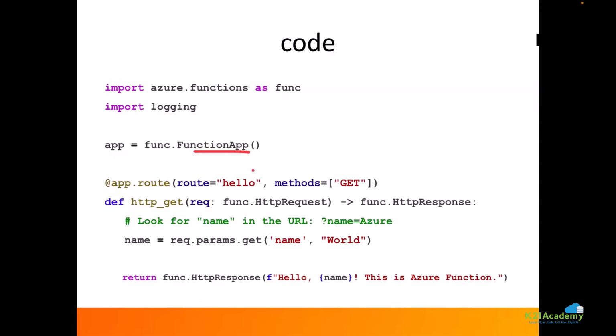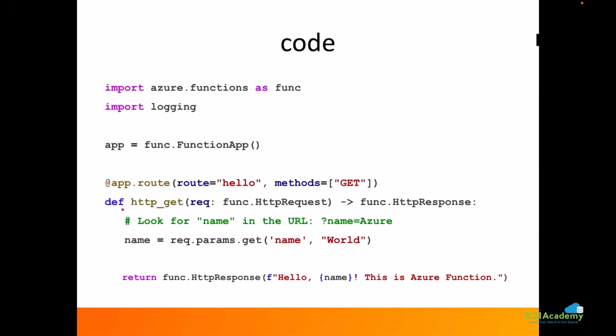You can think of this as a container that holds all of our functions. So you want to get the reference of it, and then you want to call app.route. You pass the route hello, and you also pass the method. This means we are creating an HTTP endpoint, and the URL ending with hello will respond to a GET request.